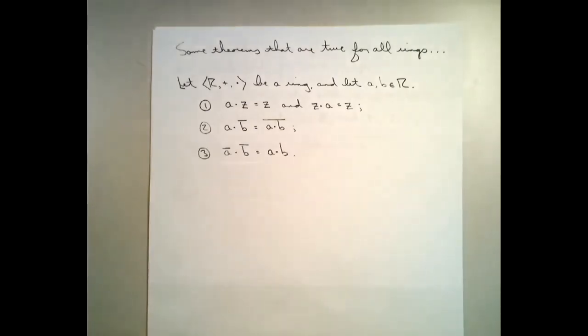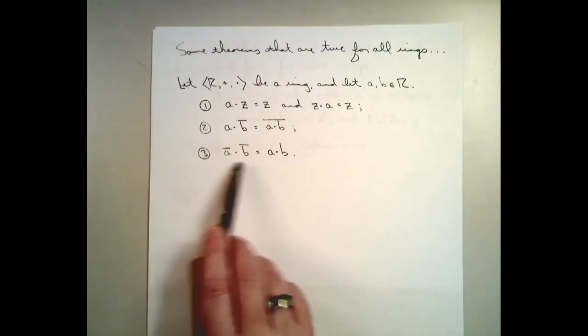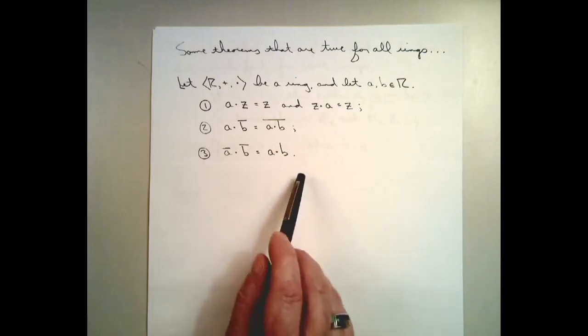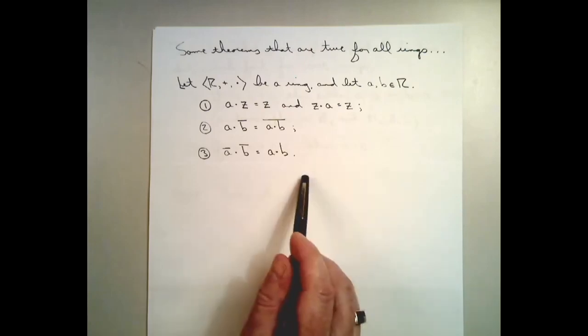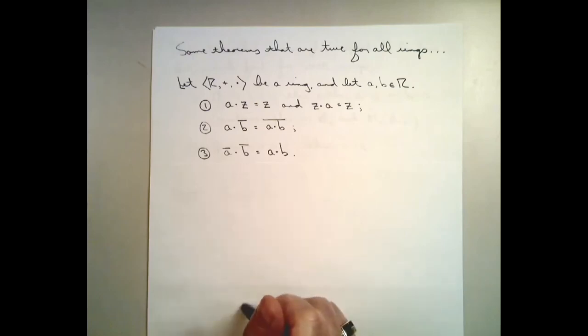And finally, if I multiply the additive inverses of two numbers, I get the product of those two numbers again. This is what you've known since grade school as when you multiply two negatives, you get a positive.